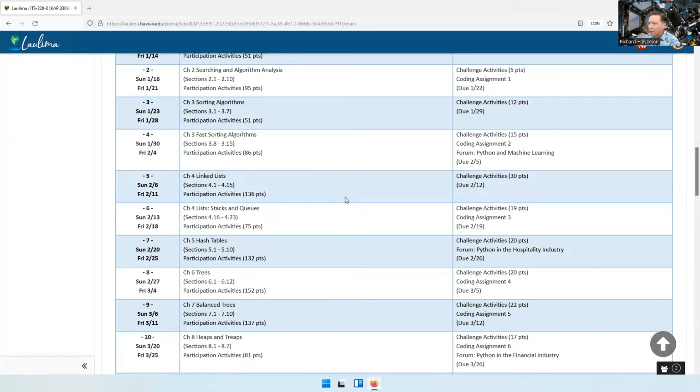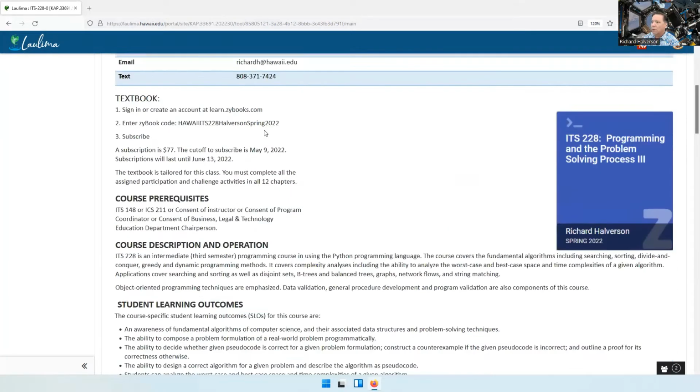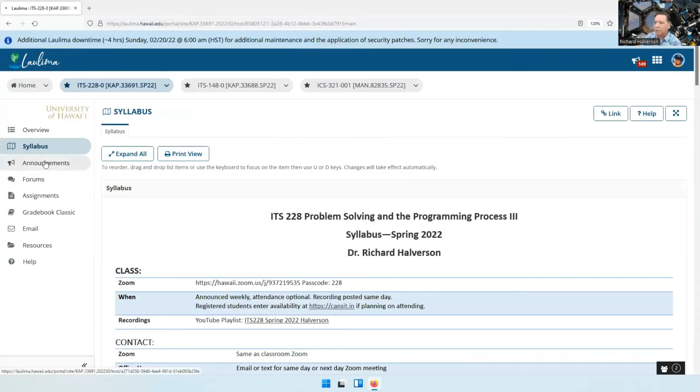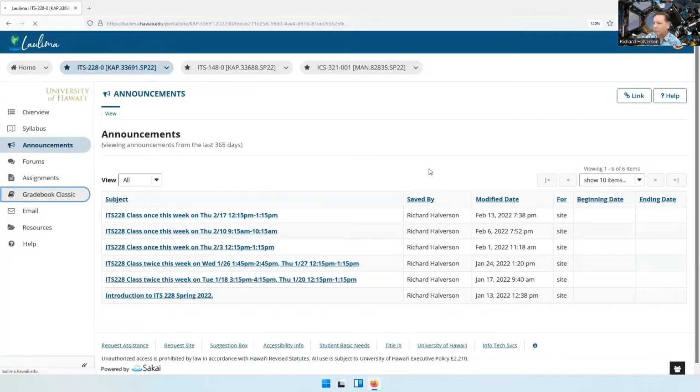I think what I said is I was going to start hash tables this week, because we're pretty much done with stacks and queues, and I've explained the assignment. So let me make sure. Yes, I did. This one, assignments.